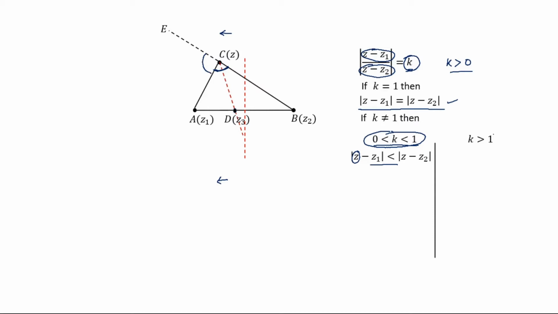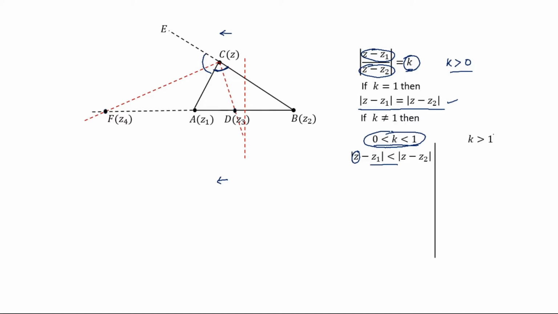Let us draw the external angle bisector which is meeting the produced line BA at, say, F, associated with the complex number Z4.